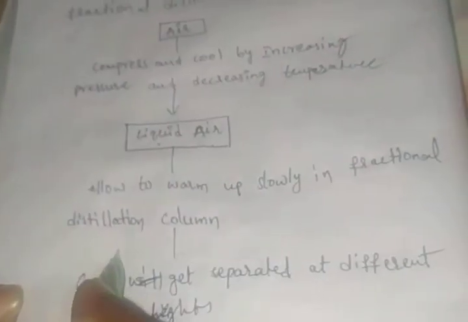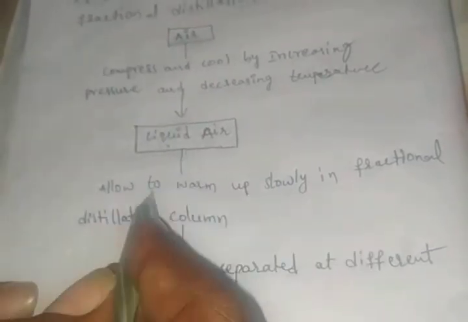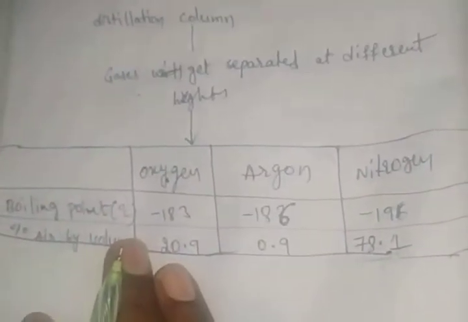After that, we allow it to warm up slowly in the fractional distillation column, and the gases get separated at different heights. Their boiling points are different, and the percentages of their components are also different.